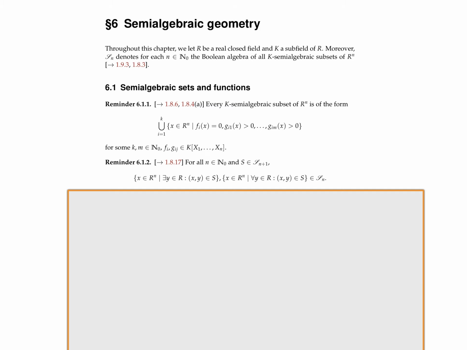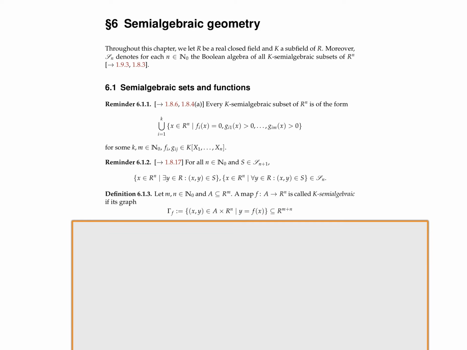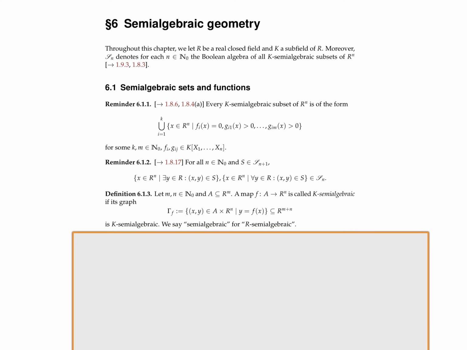Now we define semi-algebraic functions, or semi-algebraic maps, you could also say. Let m and n be non-negative integers, and let A be a subset of R^m. Then a map f from A to R^n is called K-semi-algebraic if its graph, which is a subset of R^(m+n), is a K-semi-algebraic set.